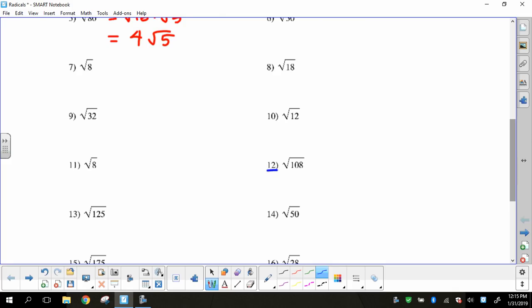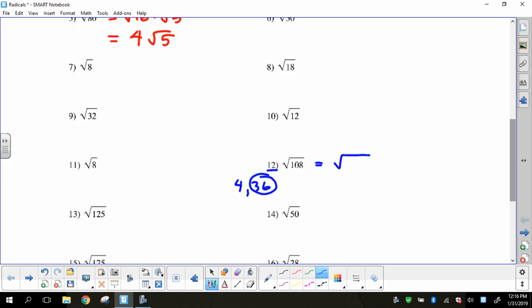So the perfect square factors of 108, and I don't want to list these, but they're 1, 2, 3, 4. 4 is a perfect square. 6, 9, 12, 18, 27, 36, 54, and 108. The greatest perfect square factor is 36.